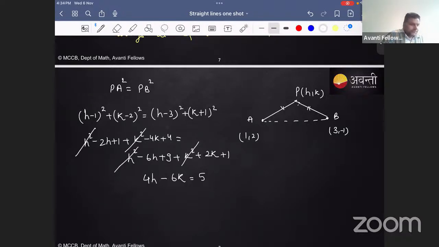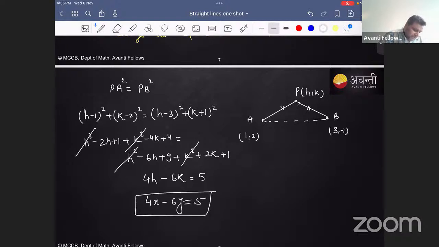Now the locus is what? Locus is 4x minus 6y equals 5.